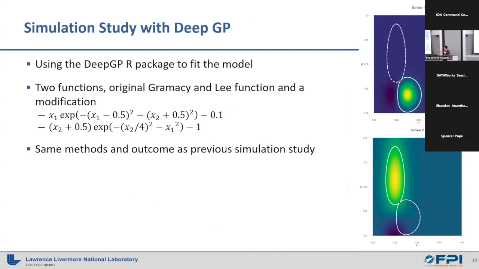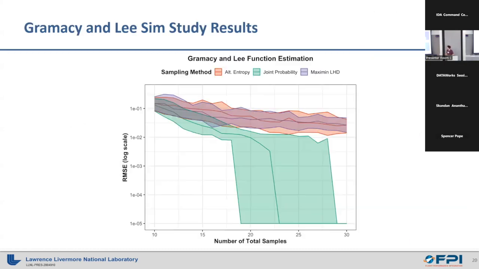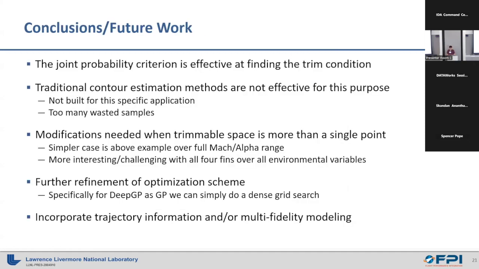If you don't get anything sampled inside of there initially, it can take a while for it to actually identify where that contour region is, and it'll sort of meander a little bit. I think that's part of why it's performing a little bit worse here comparatively to the space filling design. So, in conclusion, this joint probability criteria is very effective at finding the trim condition.